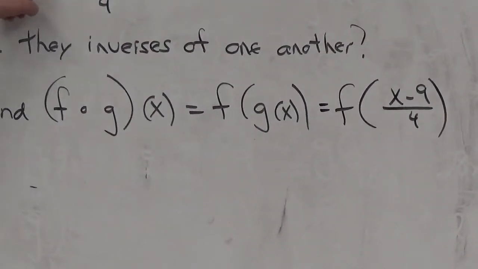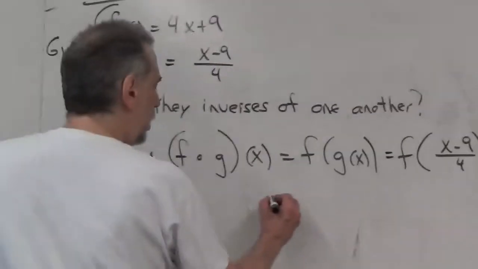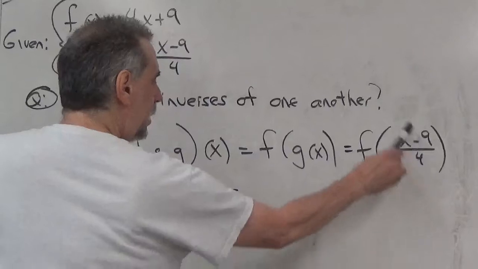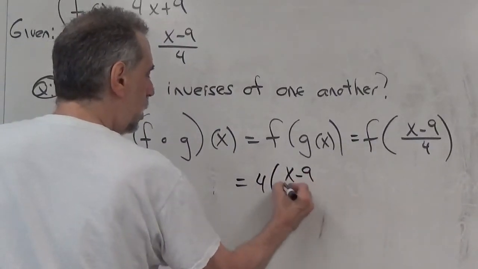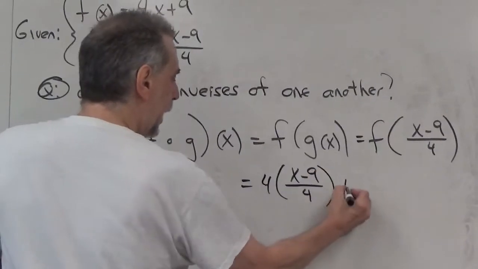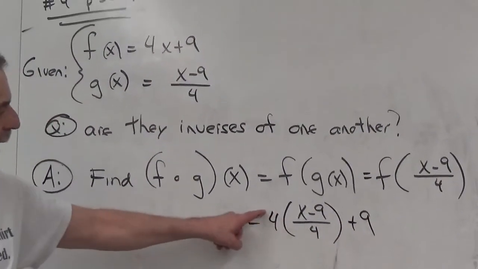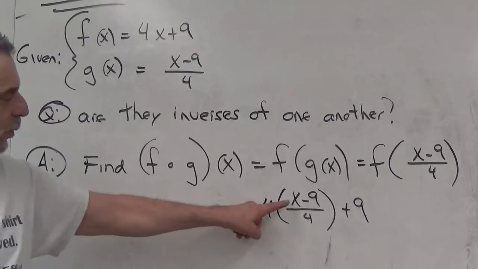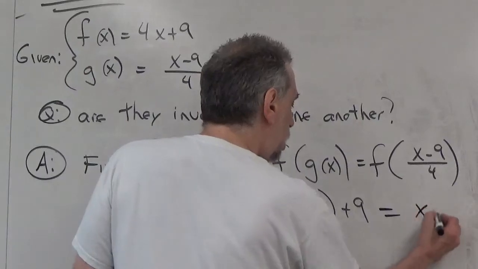So the f function says take the input, multiply it by 4, and add 9 to it. So the input is this. We're multiplying that input by 4 and adding 9. And notice here, the 4's cancel out. We're left with x minus 9 plus 9, so we do get x.